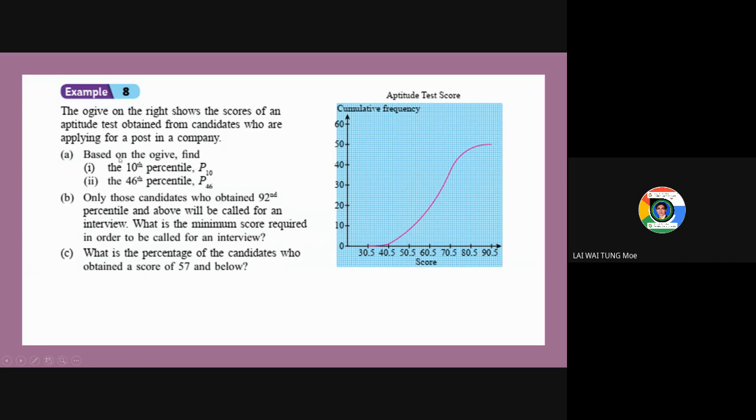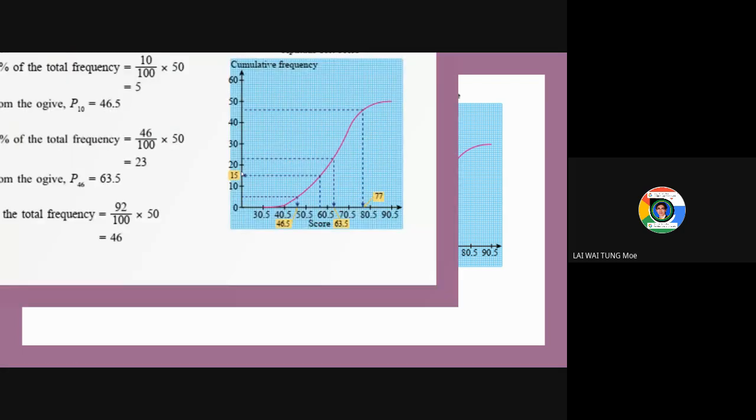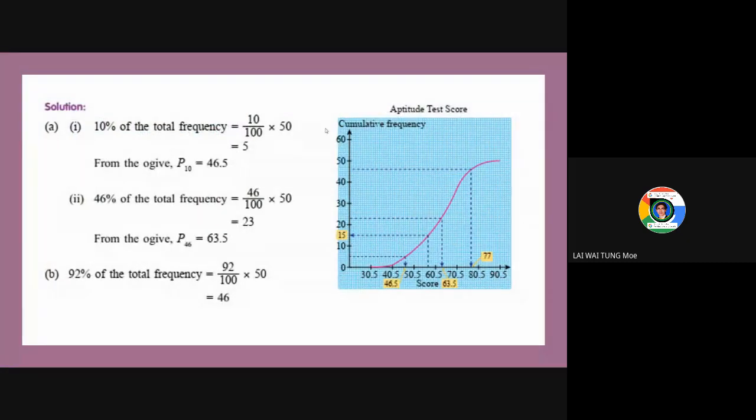Find the 10th percentile. So what is the formula for finding the percentile? If I want to find the 10th percentile, you just take the 10. This refers to the P. If you want to find P10, you put 10 here.